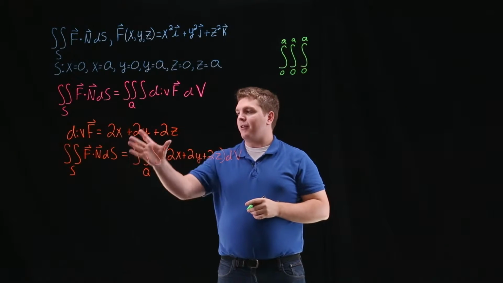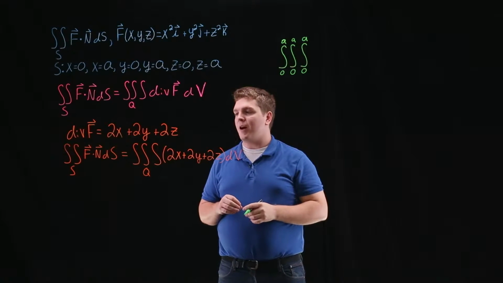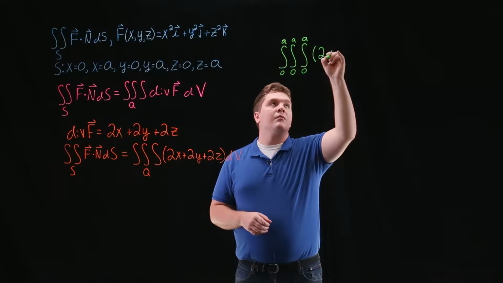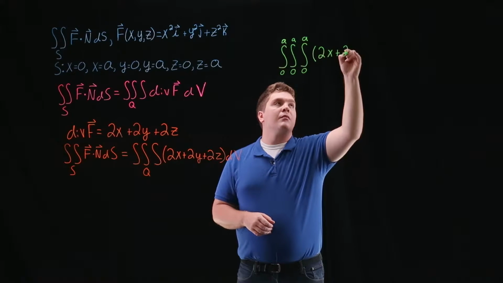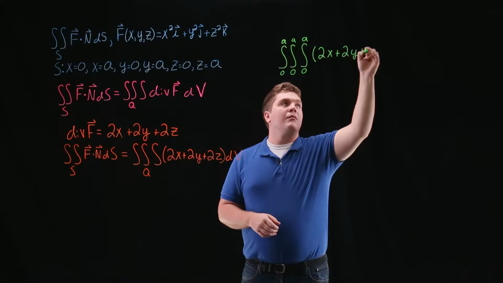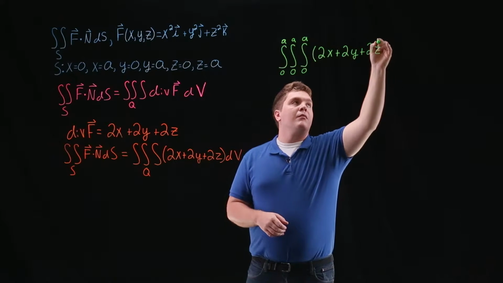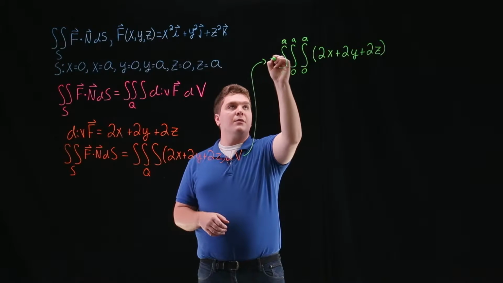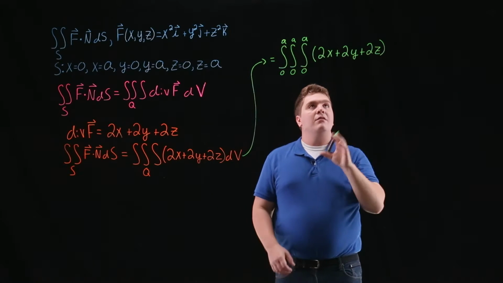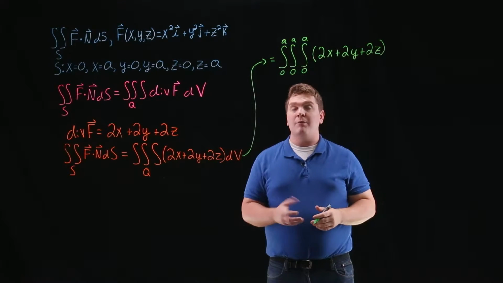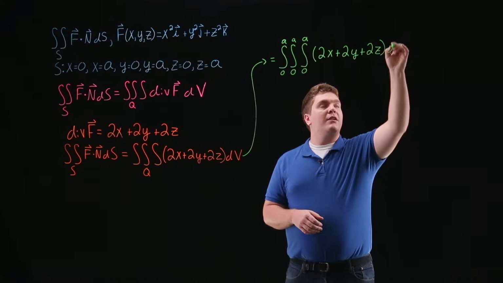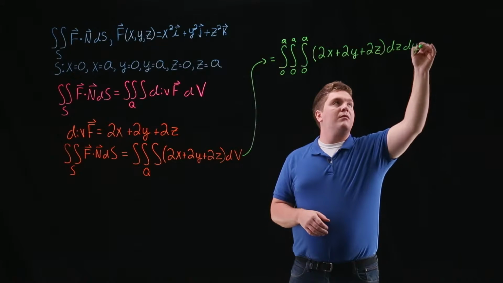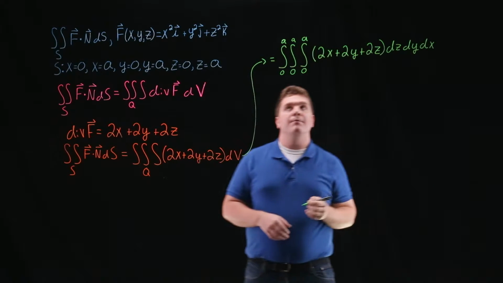We also found that our divergence is 2x plus 2y plus 2z, and it really doesn't matter which order we integrate in. So let's integrate with respect to z first, y second, and x third.